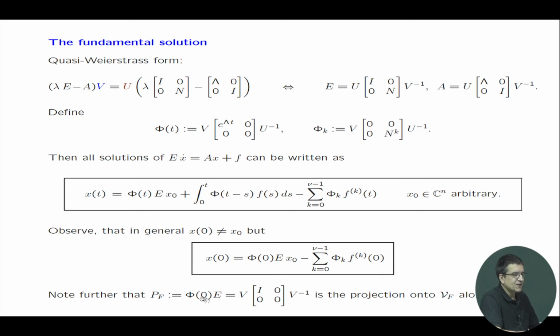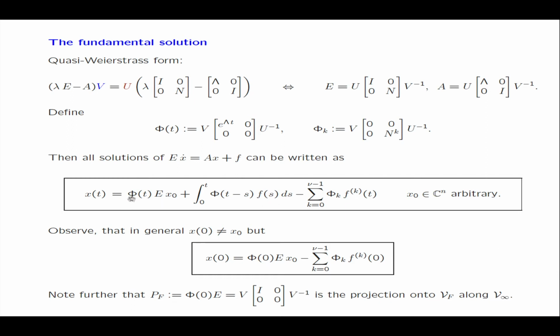Final remark on this. We have this product here in the formula, and if we set t to 0, then we get this matrix. This is then the projection onto our space belonging to the finite eigenvalues. If you multiply this with a vector belonging to the space of the infinite eigenvalues, you get 0.